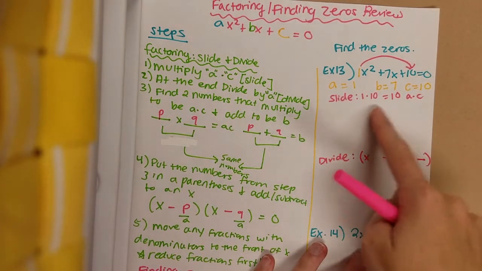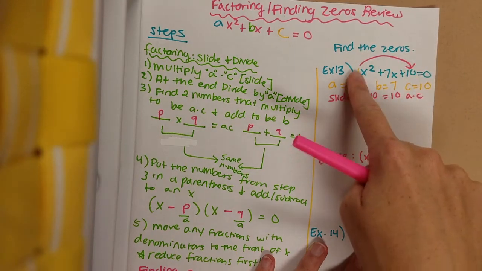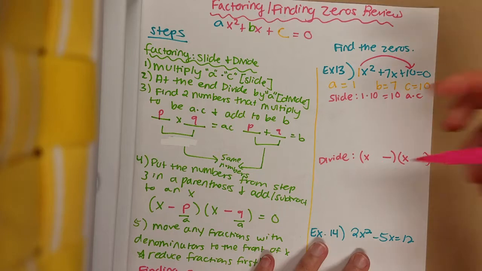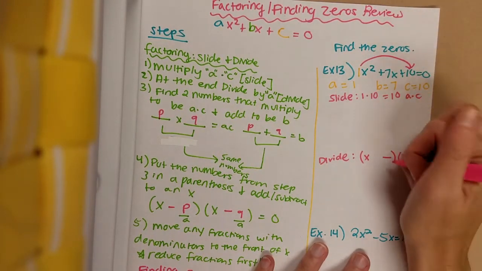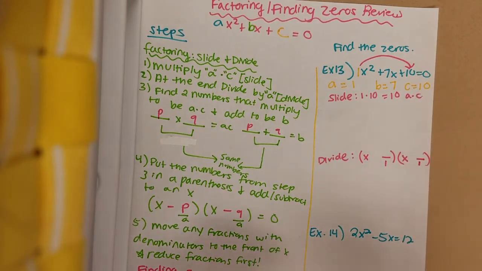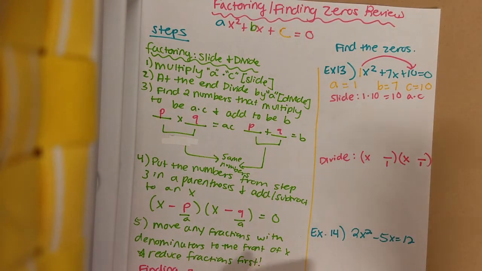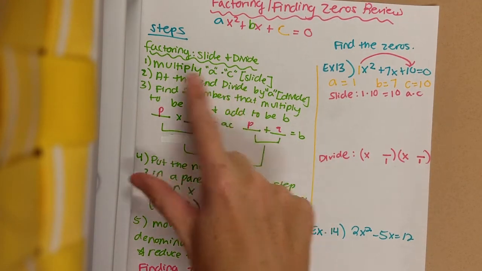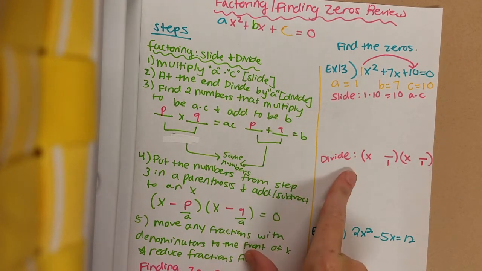We slid A over to the C value, so the slide was 1 times 10, and then we divide by the A value. So eventually we're going to be dividing by 1. We're going to put this part on hold until that's done. We multiply A times C, which is the slide, and at the end we divide by the A. This is the divide.